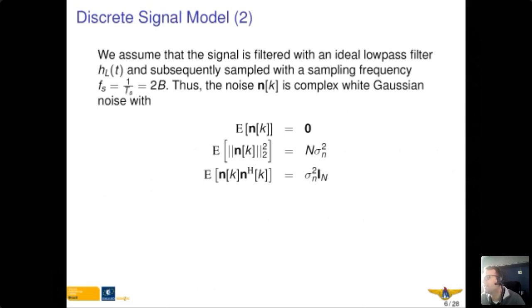So this means that the expectation of this vector here is 0 over k. The expectation of the norm of the vector is n times sigma n square, while sigma n square is the variance of the noise, and for the product, we build an n times n matrix here. Hermitian, I explained this, is the complex conjugate transpose operation.